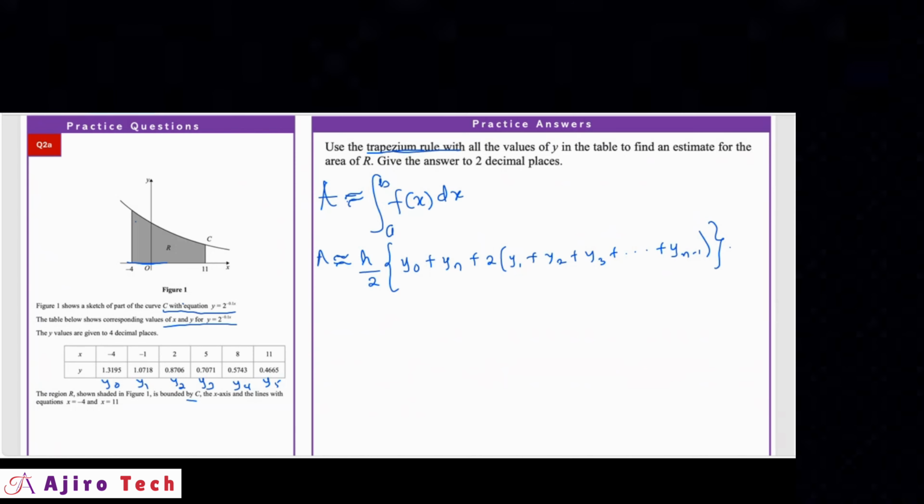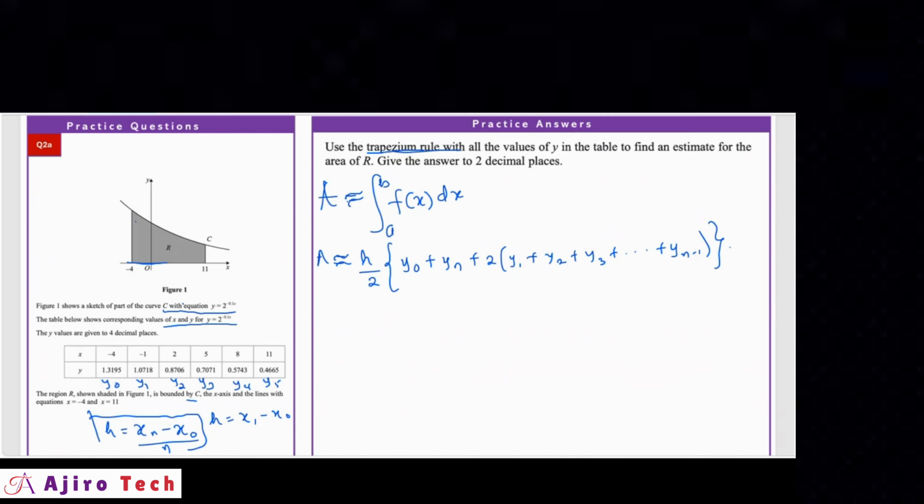Then our h is the difference, which we can call the interval. h is always equal to xn minus x naught over the number of strips, or you can say h is equal to x1 minus x naught. You can use either to find the value of your h.